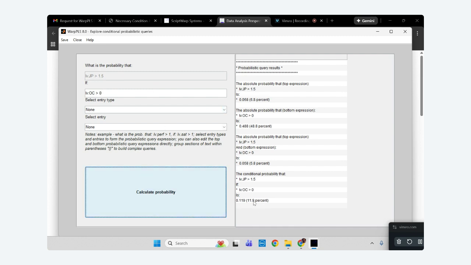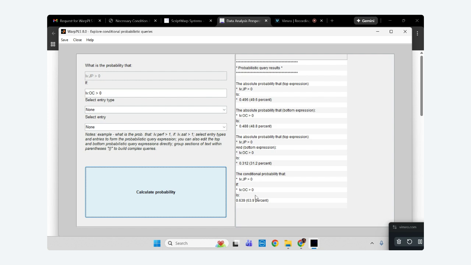No, it's not. There is an 11% probability that JP being very high will be caused by OC being above average. What I'm going to do is change this to JP being above average. And let's see if OC being above average is sufficient. No, it's not, but it's getting close, right? It's 63.9%. The conditional probability that JP will be above average if OC is above average is 63.9%.